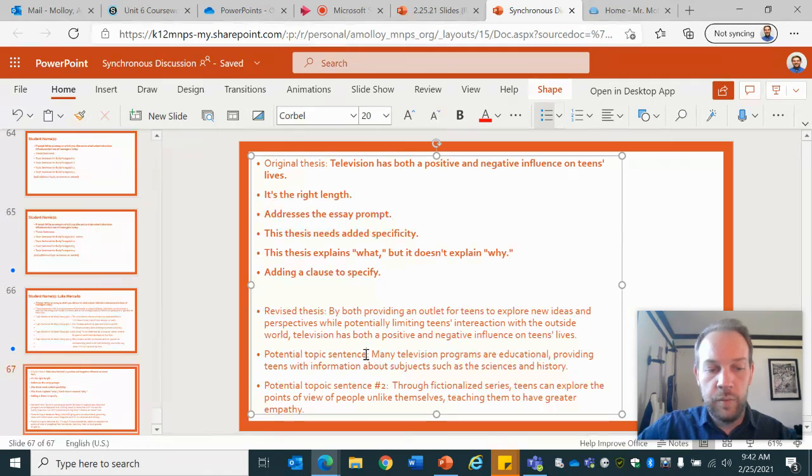And so you would continue in this manner, guys, looking at your thesis and then using that thesis to build topic sentences that support different aspects of the thesis.